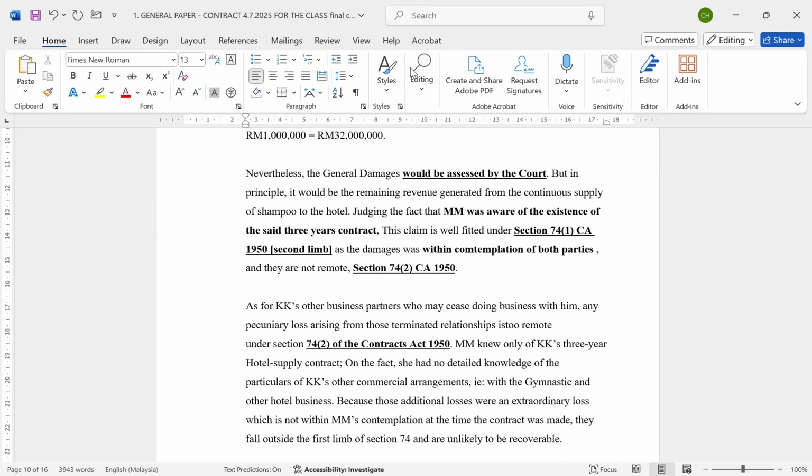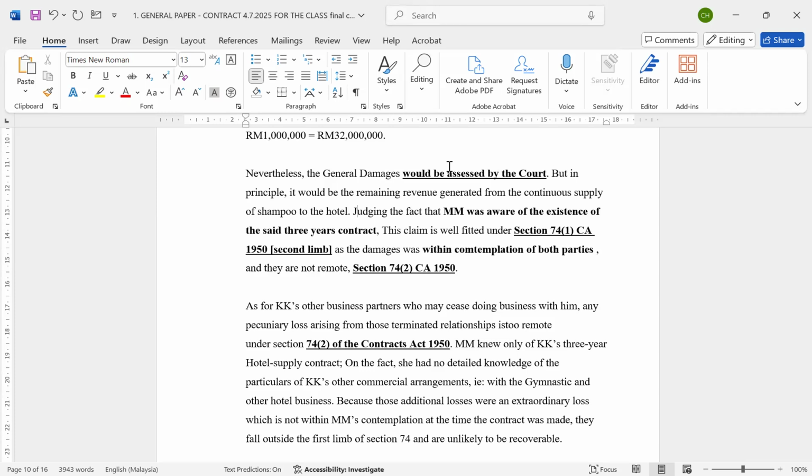In this particular scenario, remember the prior conversation that ultimately led to the formation of this contract: MM knew KK was procuring the deals with the hotels. Therefore, this claim is well fitted under Section 74 sub rule 1, second limb, as the damages were well within the contemplation of the parties.